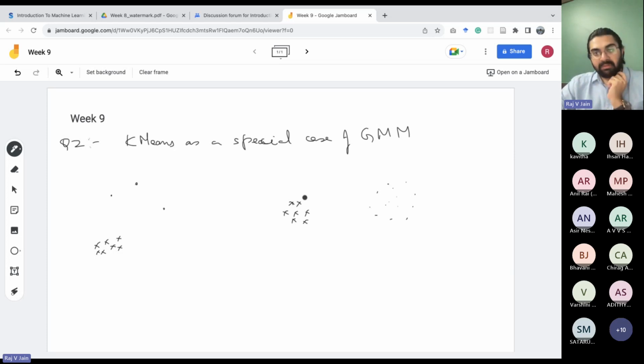Here the variance will be very small across directions, whereas here it will be more. So it won't give as good a result as other algorithms, for example GMM.